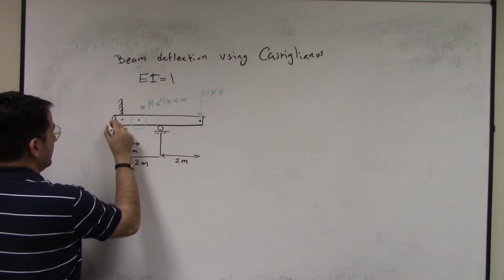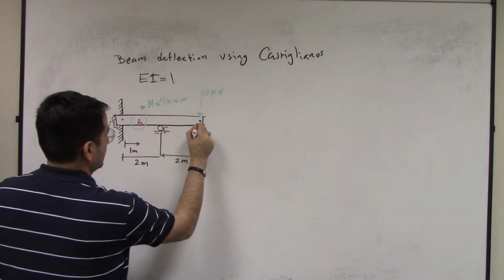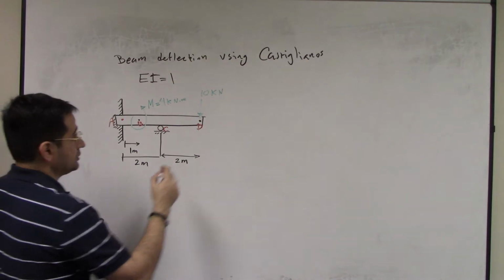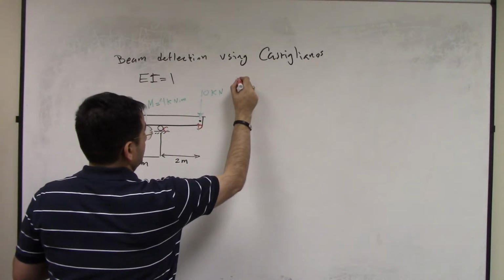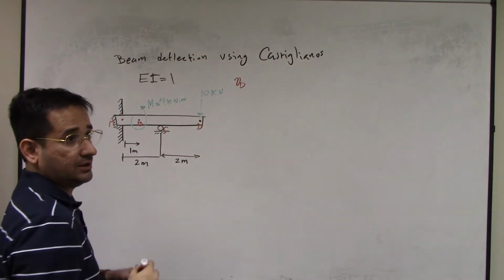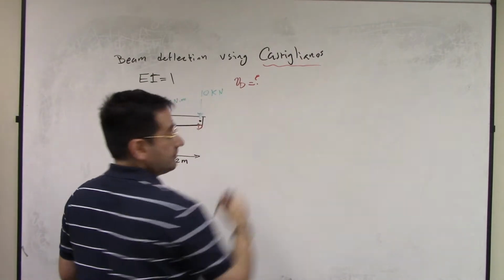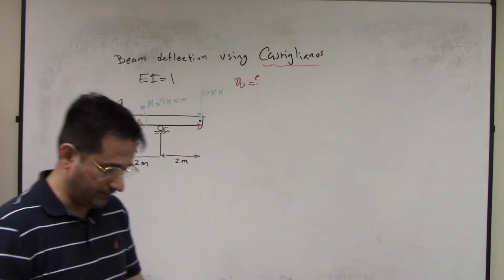Let's say this is A, B, C, D. The question is, find V at D, the vertical deflection at point D, using Castigliano's theorem. So that's the question, okay?